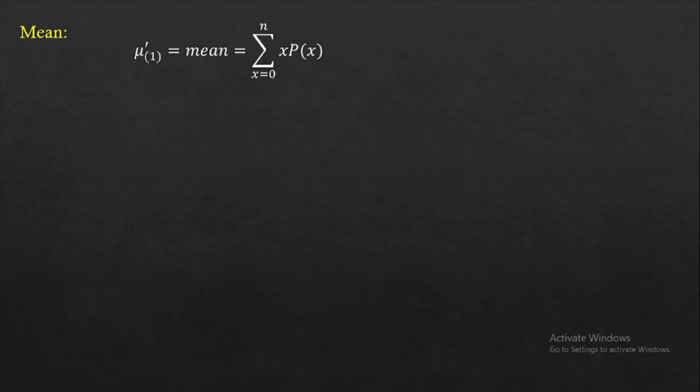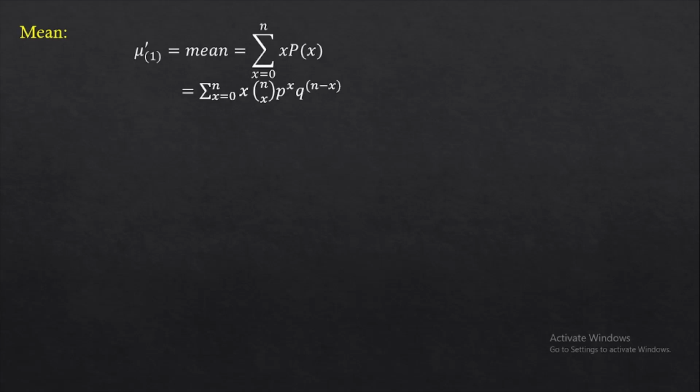So mu1 dash equals mean equals summation x into P(x), where x goes from 0 to n. Here we take summation because we are dealing with a discrete distribution. If we are dealing with a continuous one, then we go through integration. Okay, let's derive the mean.